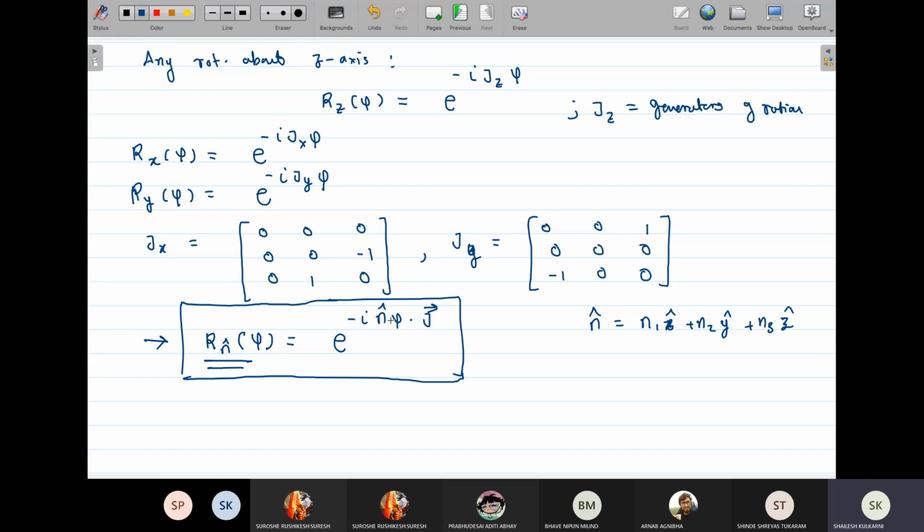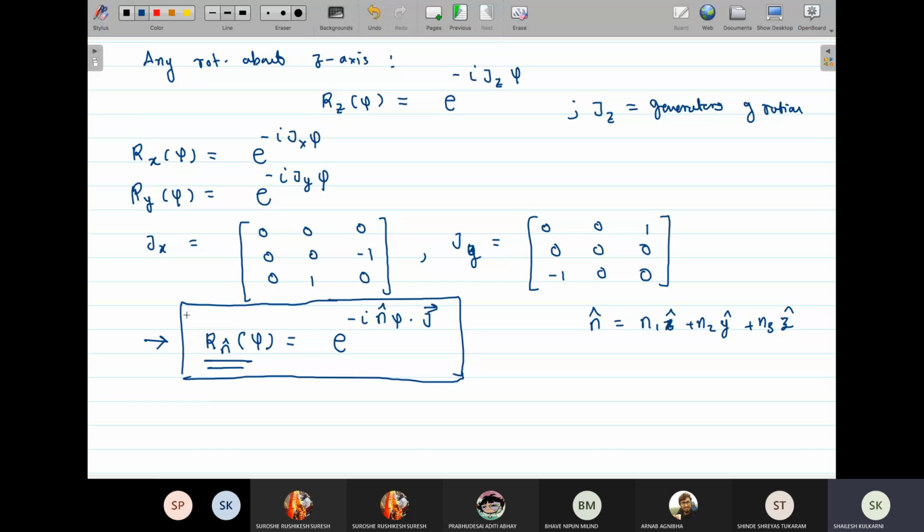You consider a dot product of J with n cap and exponentiate that. There will be some properties of J which you know. Knowing that, you can expand the series and recombine it using the properties of J, and you can write it in a nice 3 cross 3 matrix form for R n cap phi.